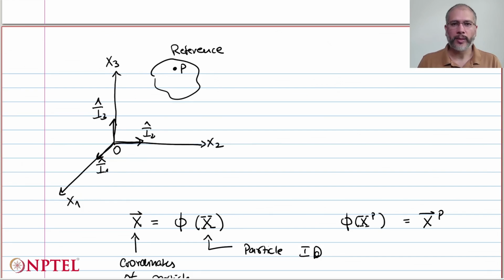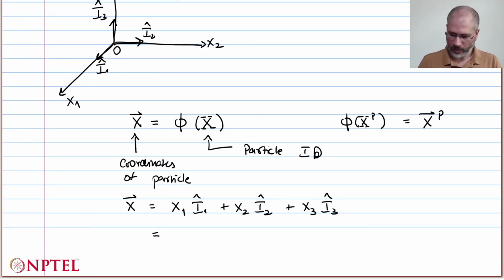Now you may be wondering, why is it that we are not calling these E1 hat, E2 hat and E3 hat? This is just our choice because we have chosen a certain coordinate system, and for this chosen coordinate system we are calling the unit vectors as I1 hat, I2 hat and I3 hat. And this is a particular choice because this is chosen to express the reference configuration of the body.